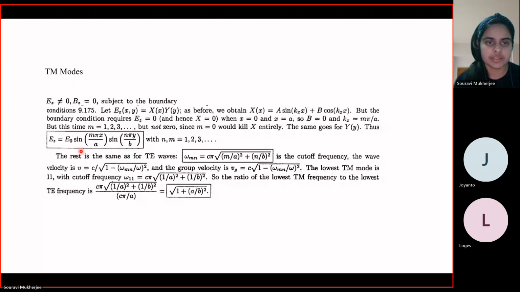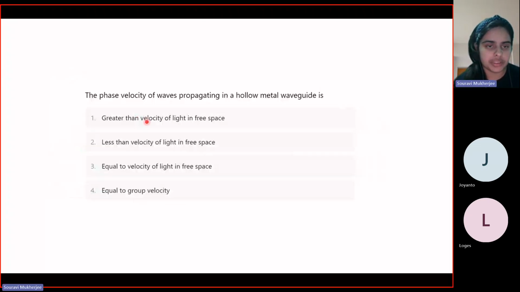Okay. So this is the interesting point to remember, that the phase velocity of waves propagating in a hollow metal waveguide is actually greater than the velocity of light in free space. Okay. And this comes from this relation that we had discussed in the last class.